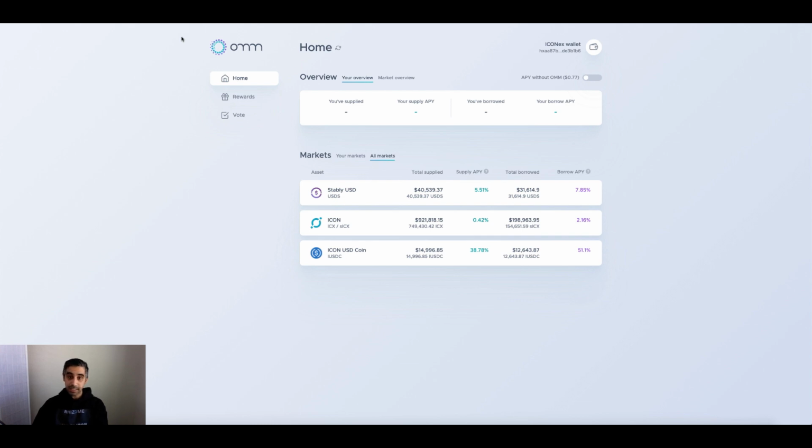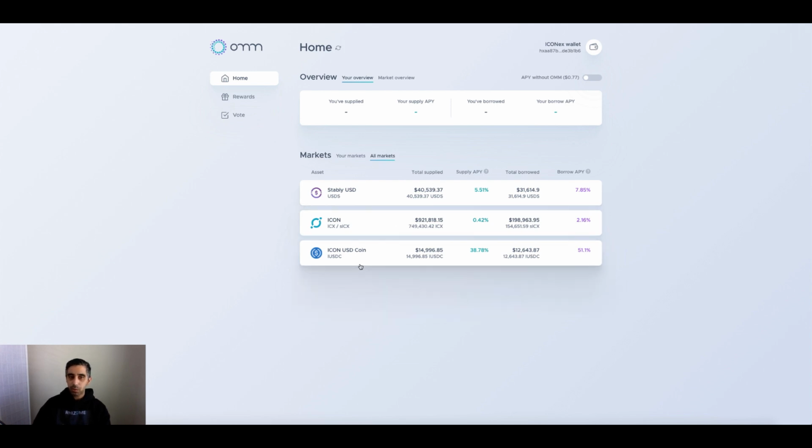That's what USDS is, and then you can supply it over here and earn. On testnet it's giving me 5%. On mainnet, let's see what happens, but essentially it's a great way for you to move your US dollars from a bank account onto OMM and earn the much higher interest rate you're going to get on OMM versus having it in a traditional bank account, which is cool.